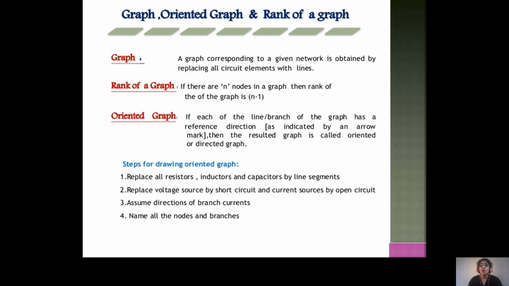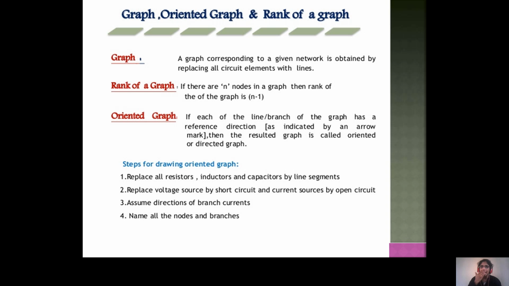And then, what is an oriented graph? I already told that a graph means all the circuit elements are replaced with lines. An oriented graph means the representation of arrows, that is, the representation of directions.